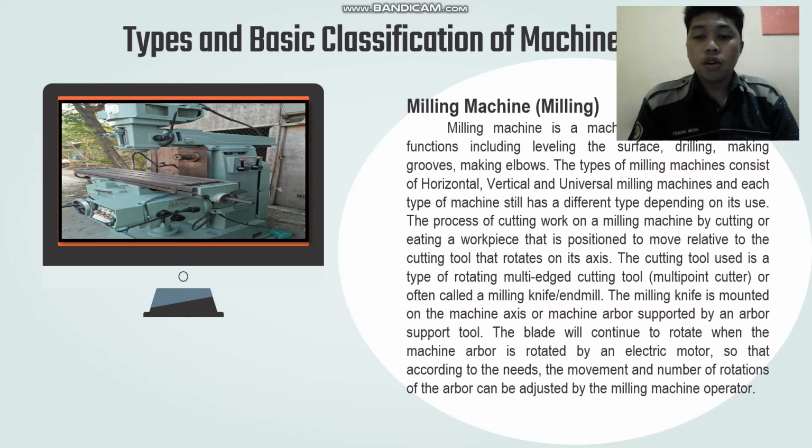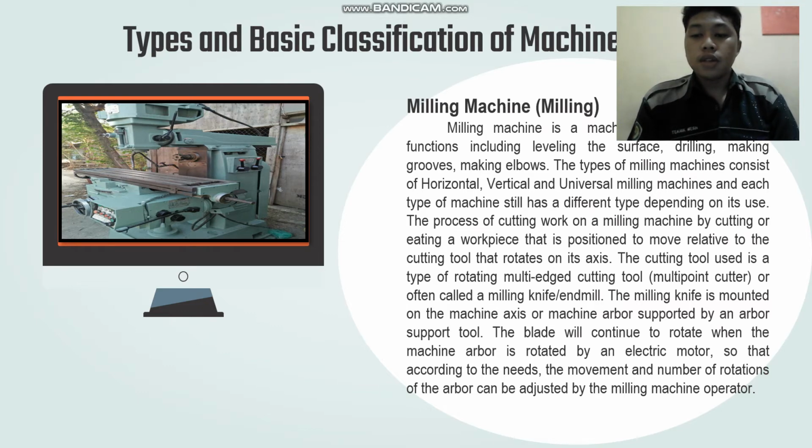The cutting process on a milling machine is done by cutting a workpiece that is positioned to move relative to the cutting tool. The cutting tool is a rotating multi-edged cutting tool, or multi-point cutter, often called a milling knife or end mill.